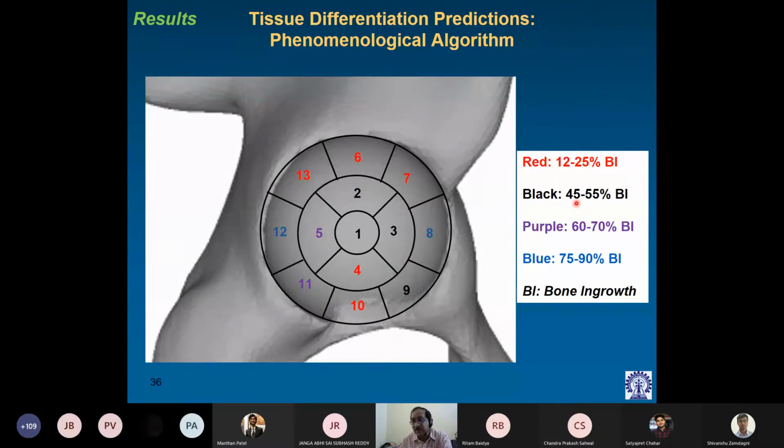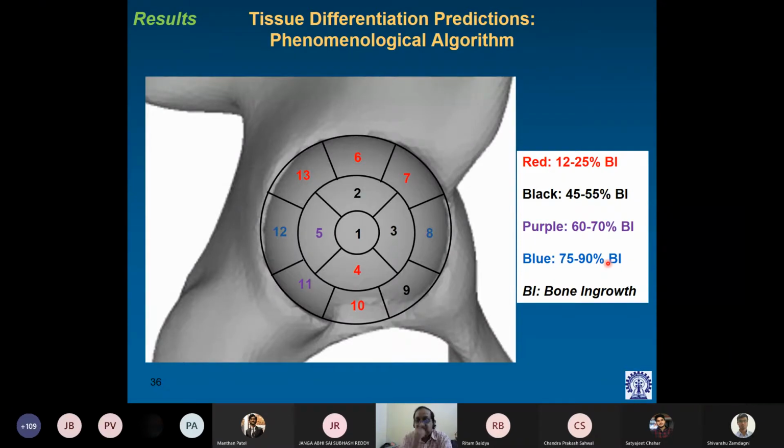It is more than double, 45 to 55%. For the purple one, only 2 regions, 60 to 70%, and the blue one, that is 75 to 90%. You see the locations are within the SW, where you have very high bone ingrowth.